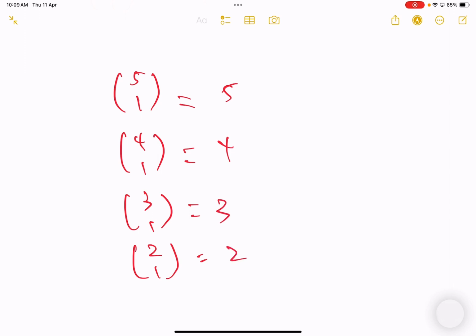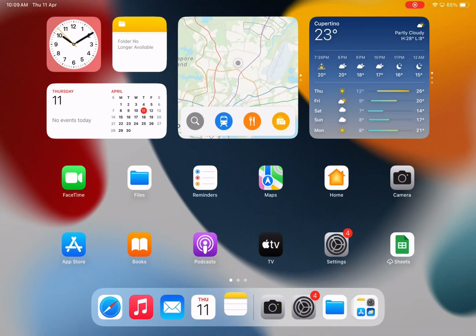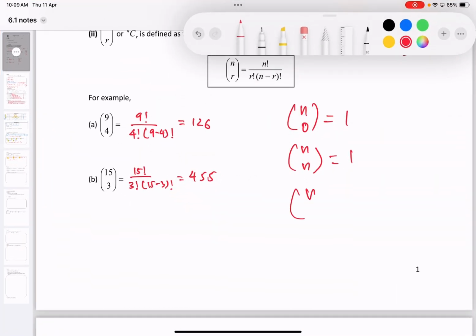So what we notice is that if you have n choose 1, it is going to be n. So here, just 3 things for you to remember. These 3 things are actually quite useful. Please jot them down somewhere. They can help you to simplify a lot of things so that you don't have to calculate so much.